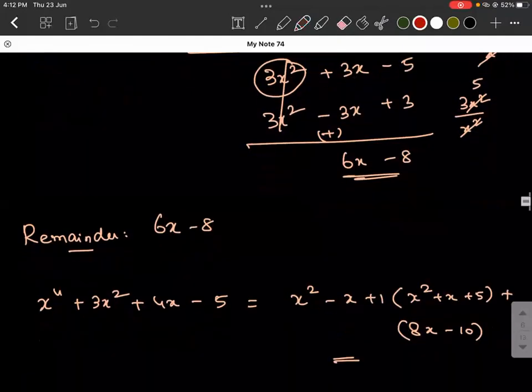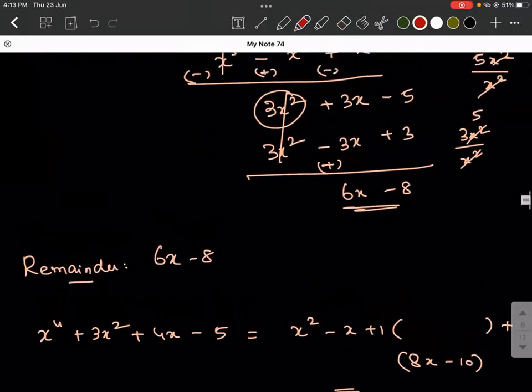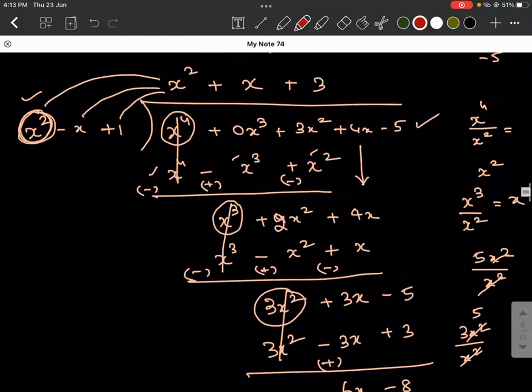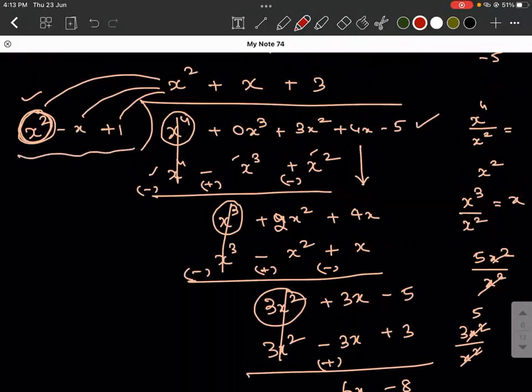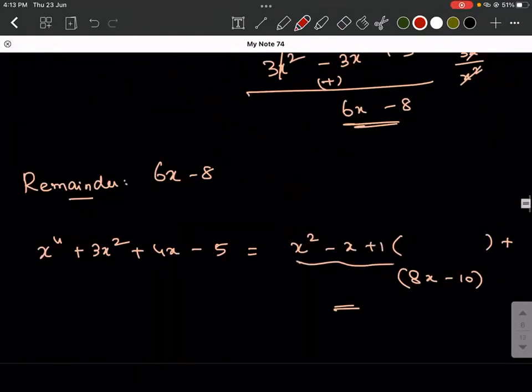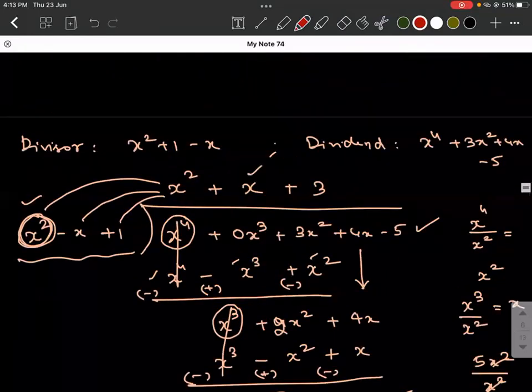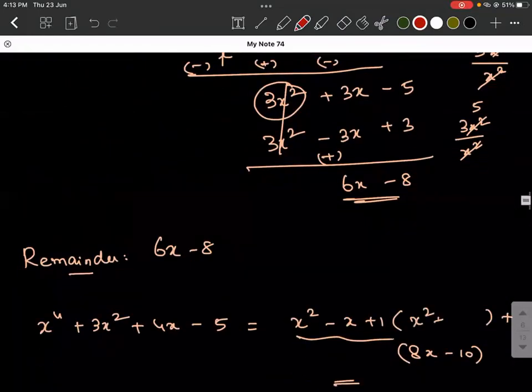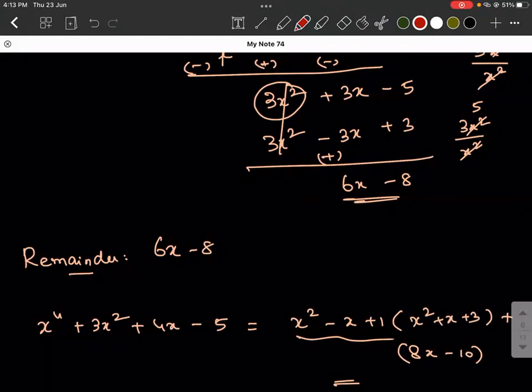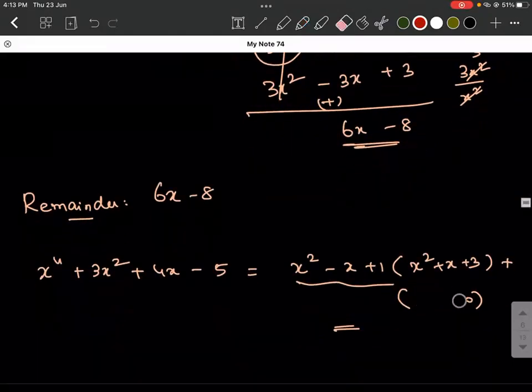Okay. Then I can write the given dividend, that is x power 4 plus 3x square plus 4x minus 5, as x square minus x plus 1 into x square plus x plus 3 plus, what did I do?